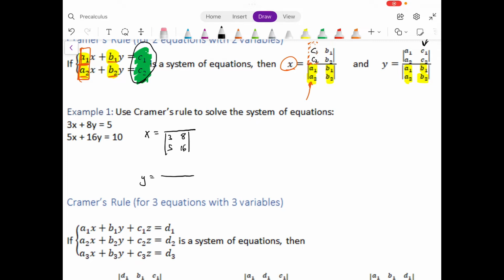The numerator of x, you don't have to do this, but I'm going to do something here. I'm going to write the exact same matrix, 3, 8, 5, and 16. But remember, to find x, we replace the x coefficients with the constants. So we're going to go ahead and take out 3 and 5 and put in 5 and 10.